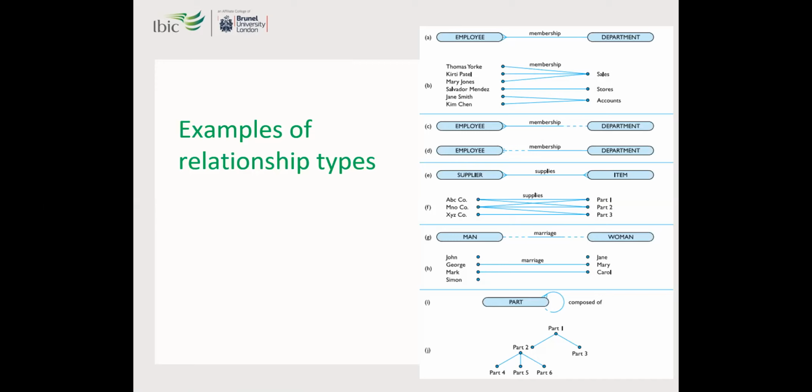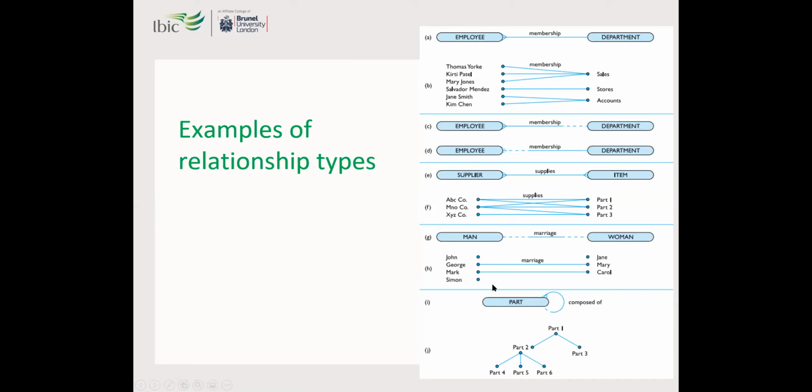Because in most societies, each man is allowed to be married to at most one woman, and each woman may be married to at most one man. So there is a one-to-one relationship: man, marriage, woman. So we say a man marries at most one woman, and a woman marries at most one man. Another example is represented in here.